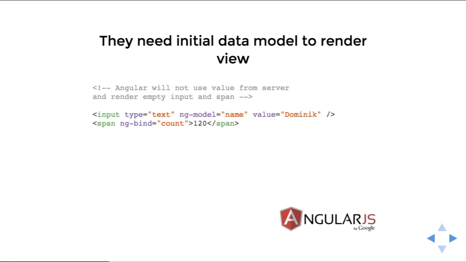But I also push there the data from the server. So there is a simple property attribute value and the text content of the span. But when you bootstrap Angular, this data will disappear. Why? Because Angular needs the data from JavaScript. The data will be gone.